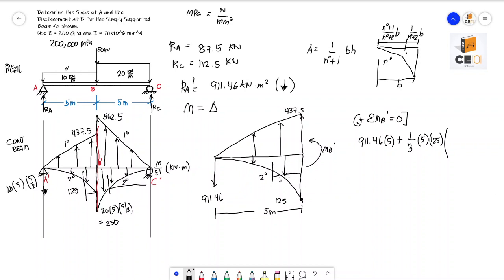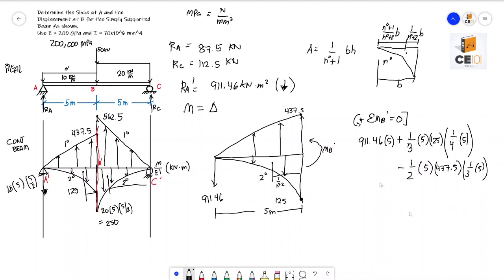So ito yung 1 over nth degree plus 2, so 1/4 ng base natin. So ano yung base? 5. So yan. Tapos yung triangular loading naman. So minus 1/2 base 5 times height is 437.5 times 1/3 ng 5.